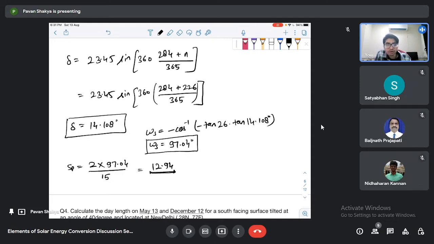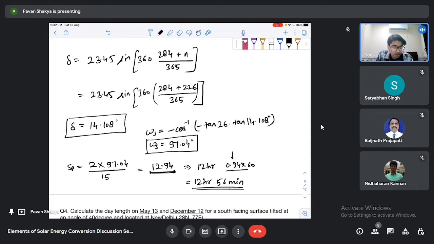But we should solve this 0.94, as we cannot say 12.94 hours. So this will be 12 hours, and this 0.94 is in hours. If we convert it into minutes, we have to multiply it by 60. Then we find that the day length will be 12 hours and 56 minutes.